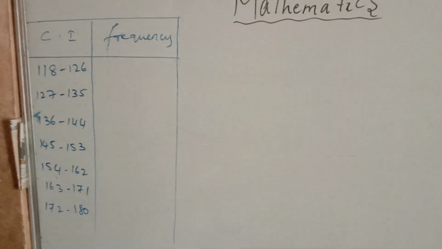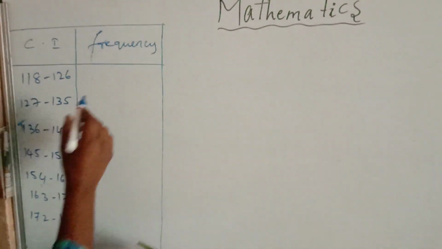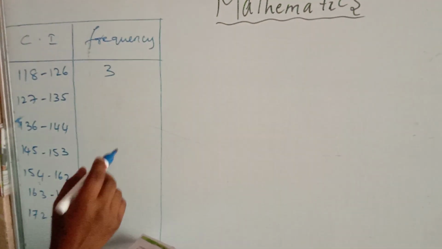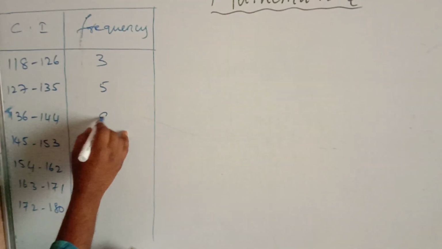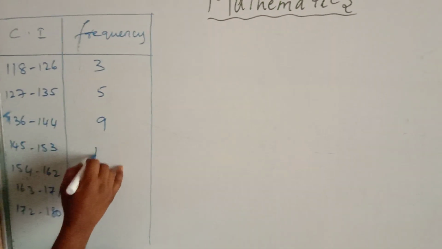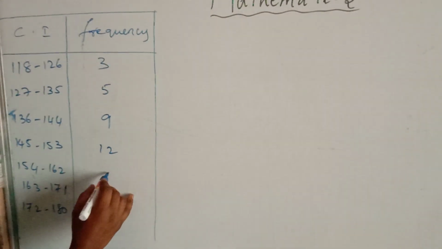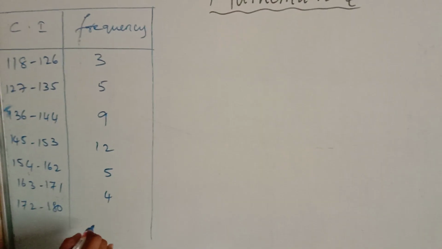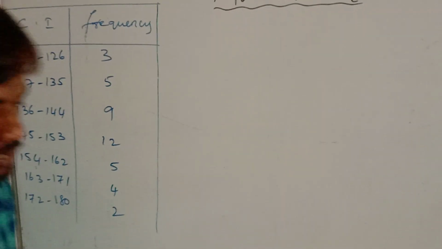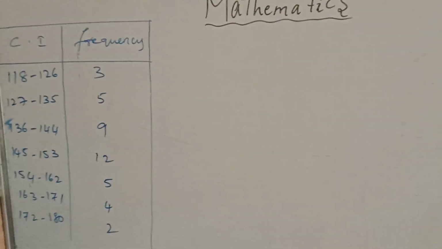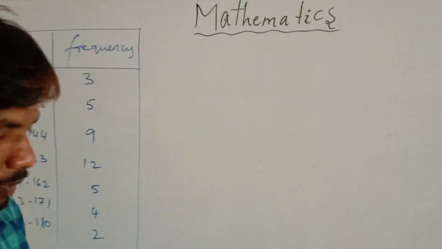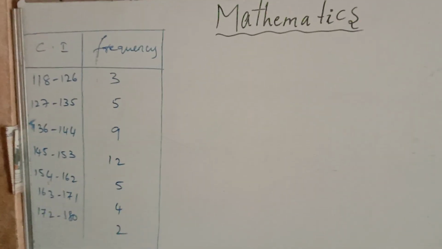So these are the class intervals, and the frequencies he has given are 3, 5, 9, 12, 5, 4, 2. This question belongs to median, and I am explaining the problem based on mode.